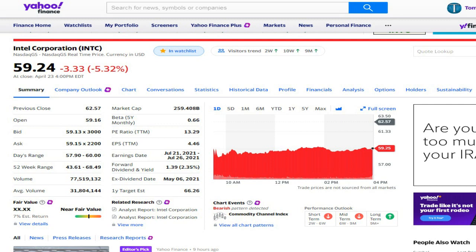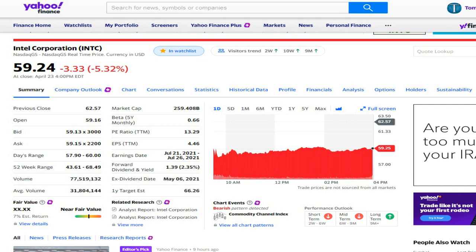And the forward dividend and yield, 2.35%. Now if the stock goes down a little bit further, that 2.35% will go up, even though the amount paid out stays at $1.39. $1.39 would be a higher percentage of a lower stock price than $59.24.